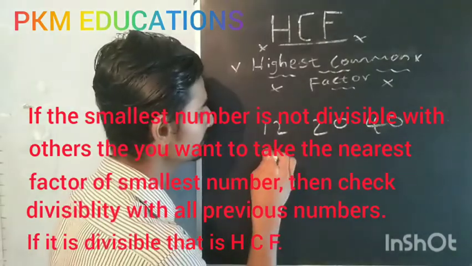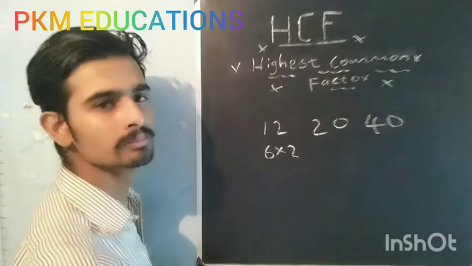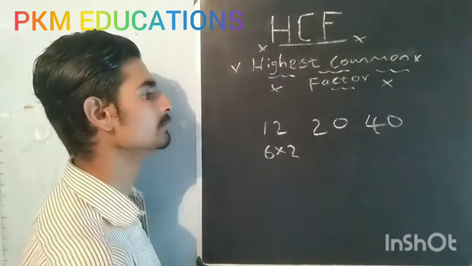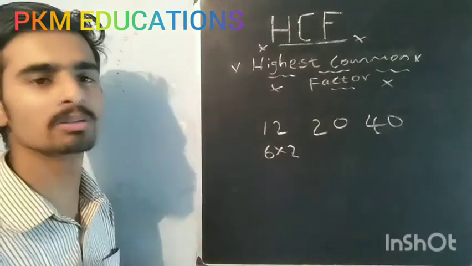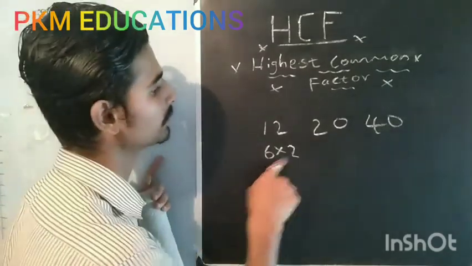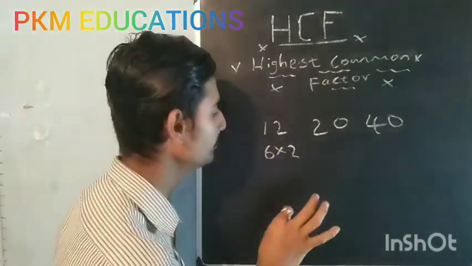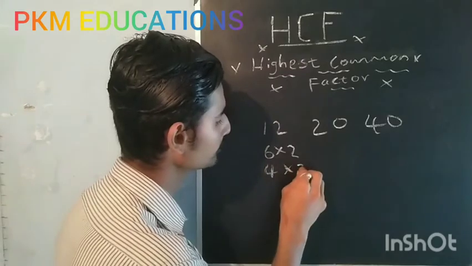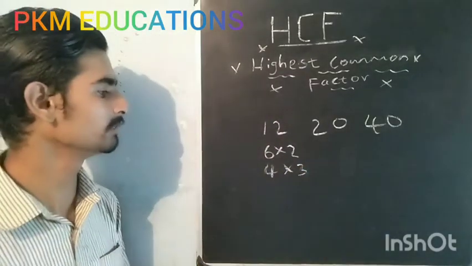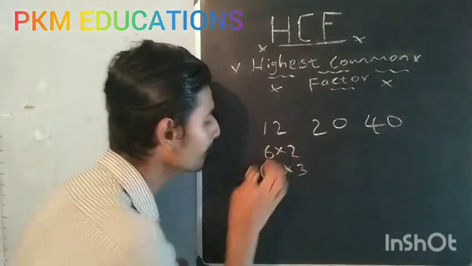What is factor? Here we can write 6 into 2 is 12. Then we want to check. No, this is not possible. 6 is not divisible in 20 and 40. Then we want to take the nearest number. 4 into 3 is 12. We can take 4 here.